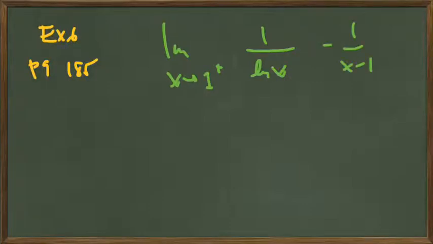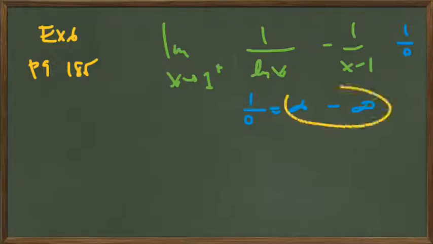If we plug in the 1, we get 1 over ln of 1, which is 1 over 0, and so this is infinity, and this is 1 over 0, and so it is infinity. So it is of the infinity minus infinity form.